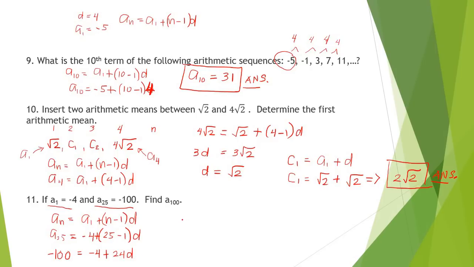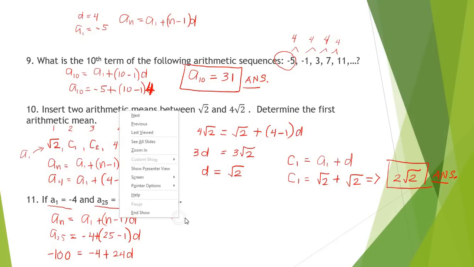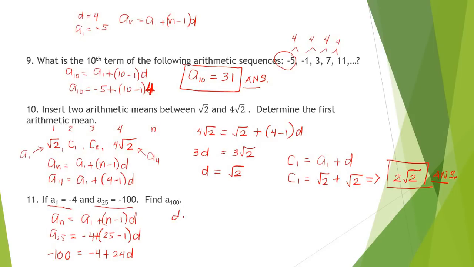Our only unknown is d. If we simplify this further, our d is equal to negative 4. Having known our d is equal to negative 4, we can now find our 100th term.